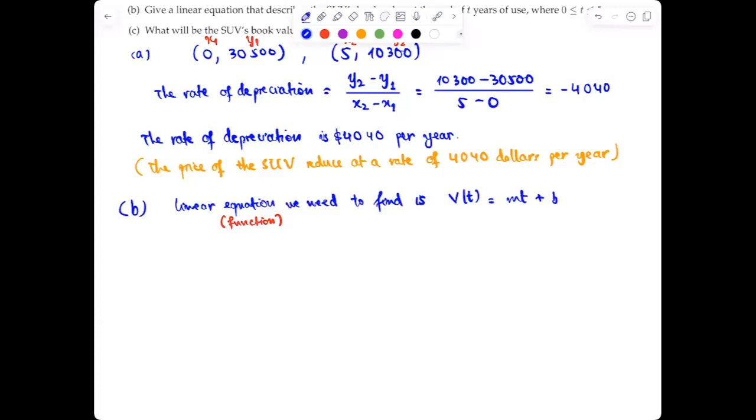All right. So the point now is that you already have the slope, which is still negative because we're doing calculation. We're not drawing any conclusion just yet. So the value of the slope or the average rate of change is negative 4,040, where m is equal to negative 4,040.